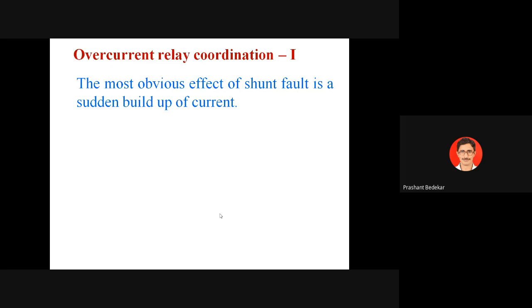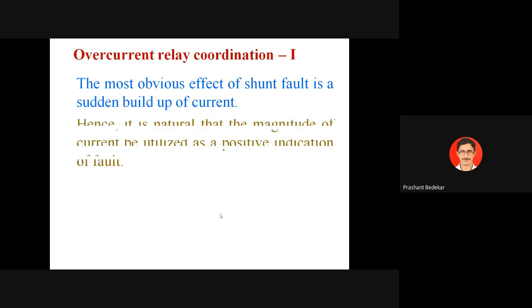The most obvious effect of shunt fault is a sudden buildup of current. And that is why it is very natural that one should think that magnitude of current should be utilized as a positive indication of fault. If magnitude exceeds a particular limit, which is pre-calculated, how can it be pre-calculated?